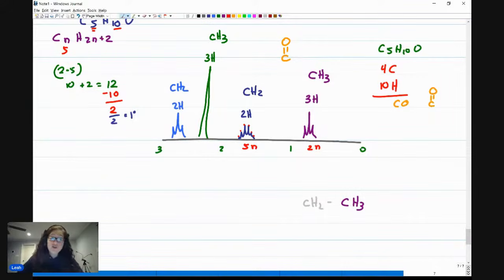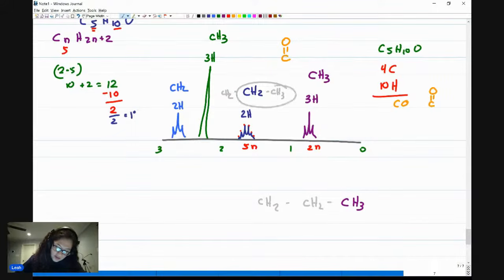How can a CH2 possibly have 5 neighbors? It has a CH3 on one side, and then it has a CH2 on the other side. So we know that this is going to have a CH3 and a CH2. That means the CH2s are next to each other. And so we don't yet know which is which, but we know that both of the CH2s are accounted for. That's supposed to be a 2.